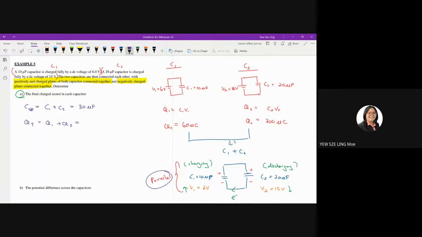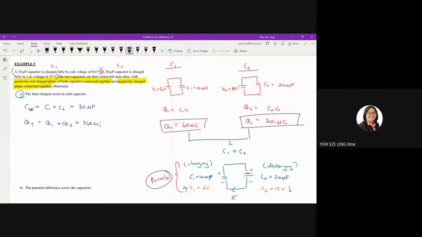Initially, you have 60 microcoulomb in Q1 and 300 microcoulomb in Q2. That is the total charge, the total electrons that you have when you connect them together.